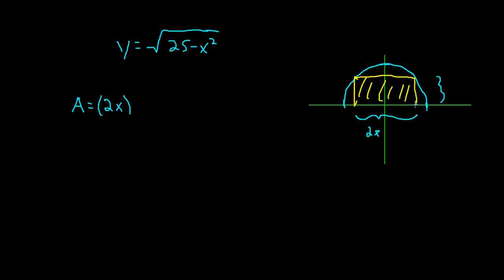If this is x, then x gets sent to this semicircle up here. That's just f of x. So the height is simply going to be the square root of 25 minus x squared. That's your height.